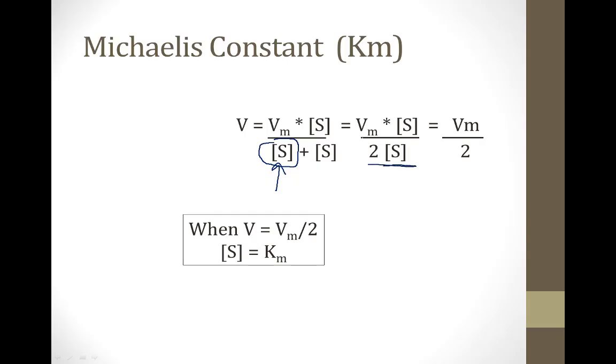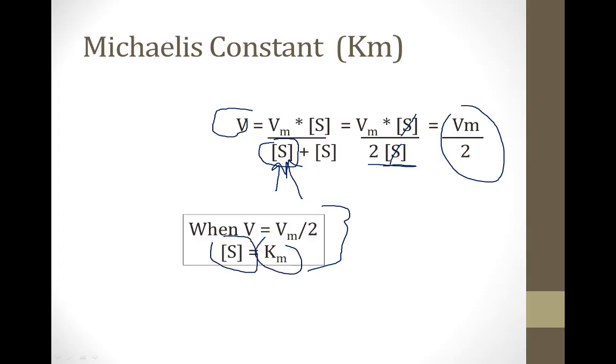On the top, we still have Vmax times S because that's the numerator of the Michaelis-Menten equation. Now the S's cancel out, and we have that when V is equal to Vmax over 2, then Km must be equal to S. That's what I've shown over here. When we're halfway up the y-axis to Vmax, whatever concentration of S that is equals Km. This all comes from some simple math of setting Km equal to S and solving the equation.